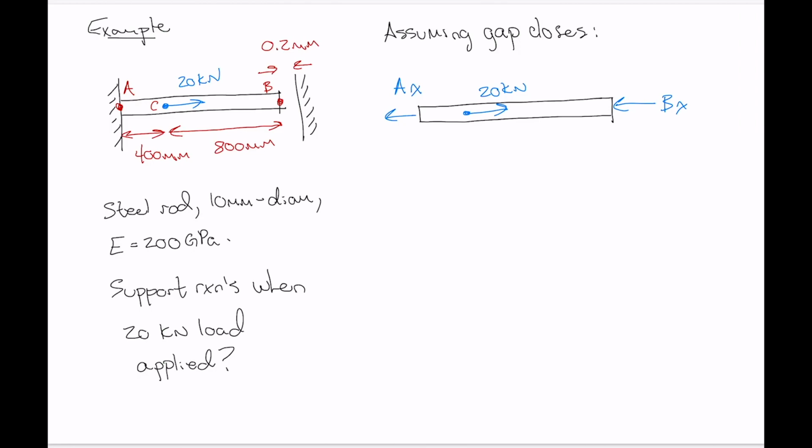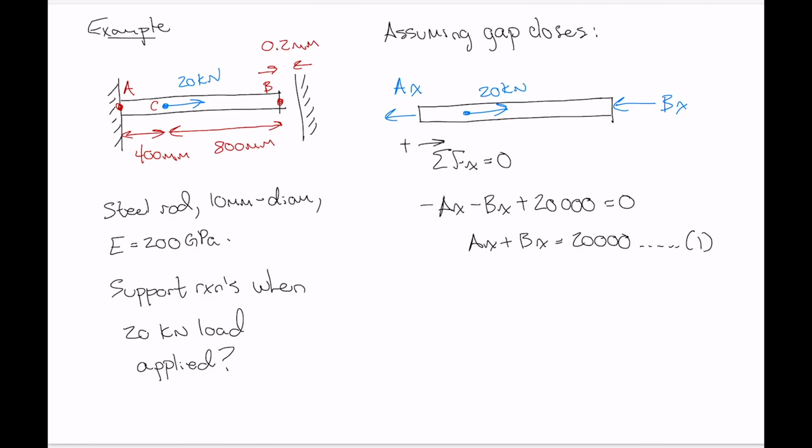Equations of statics: the sum of the forces in the x direction has to equal 0. With positive that way, we've got minus Ax minus Bx plus 20,000 equals 0. So Ax plus Bx equals 20,000, and that's equation number 1.